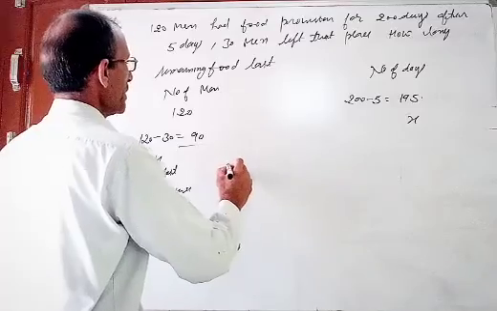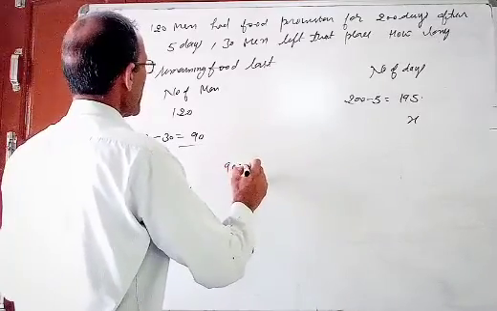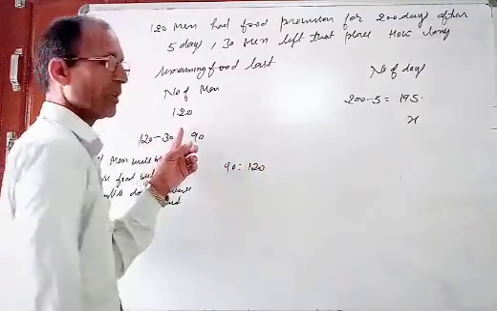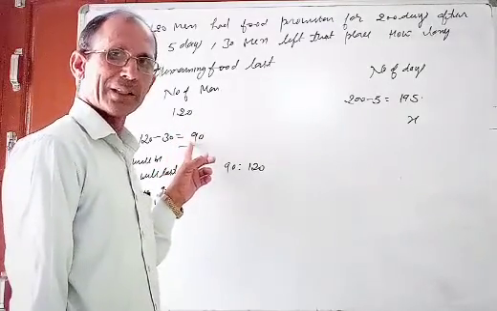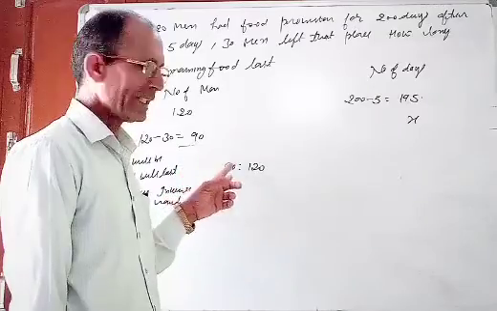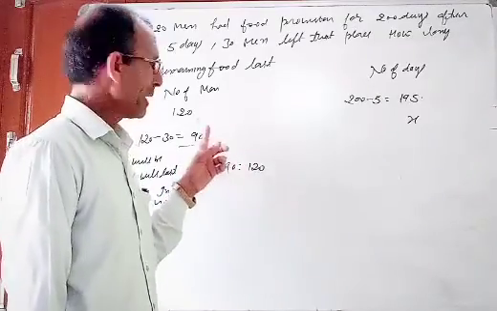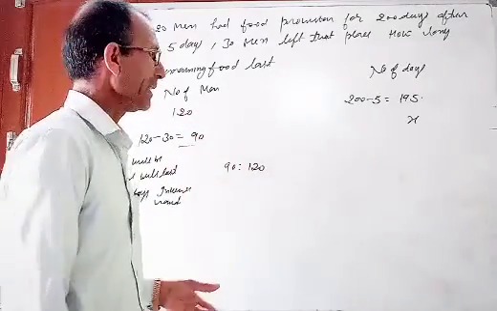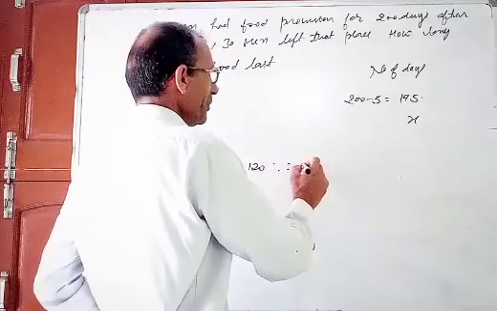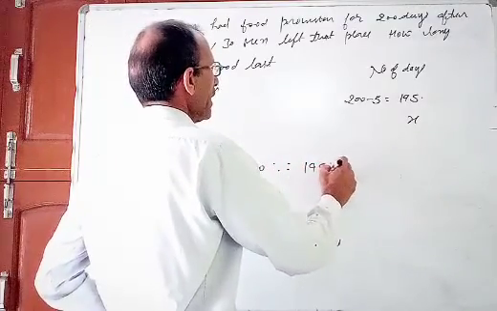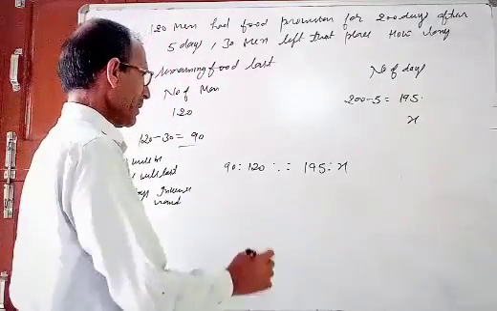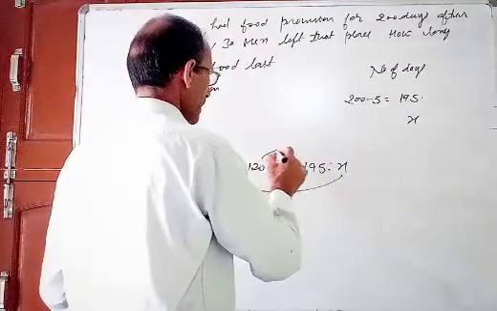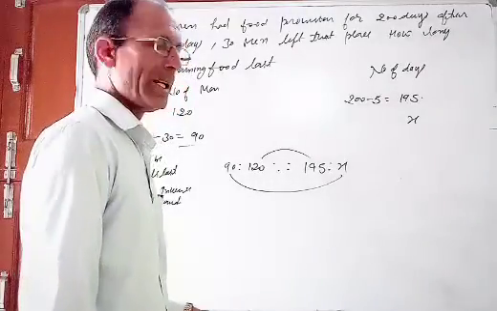For inverse variation, you can write 90 is to 120. Don't forget this. If you are taking inverse, first I will write down what is given. So 90 is to 120. If direct, it would be 120 is to 90. As to 195 is to x. So product of extremes is equal to product of means.